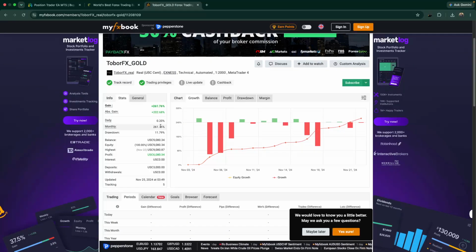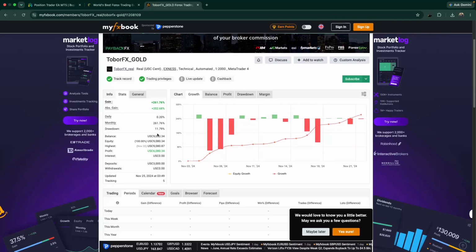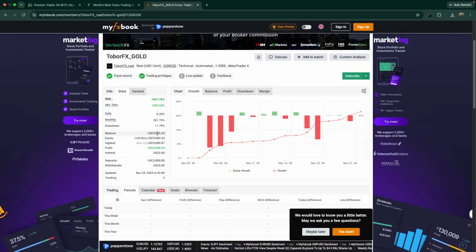You know how volatile gold can be. So we have 262% gain with lower drawdowns around 12%. It's a lower drawdown, 11.79%, so we say roughly 12%. But there's a much higher trade frequency and shorter average hold times of only a couple of minutes.